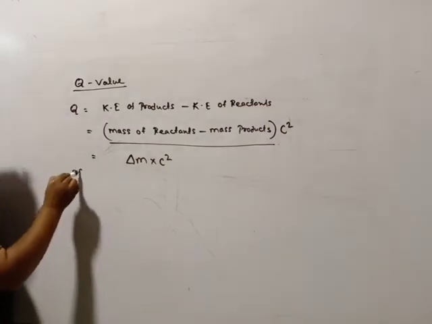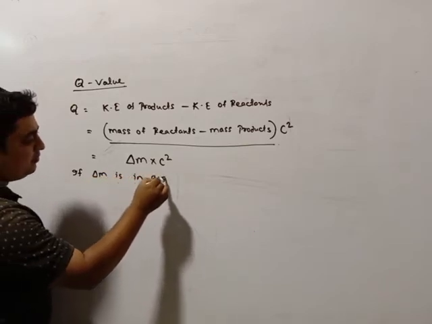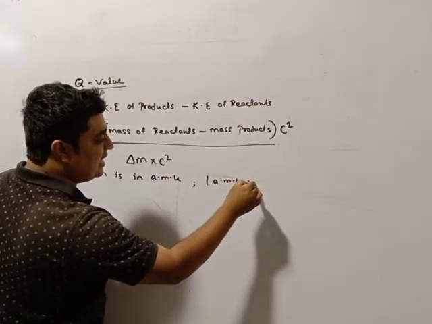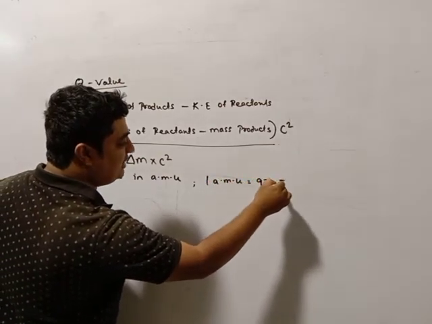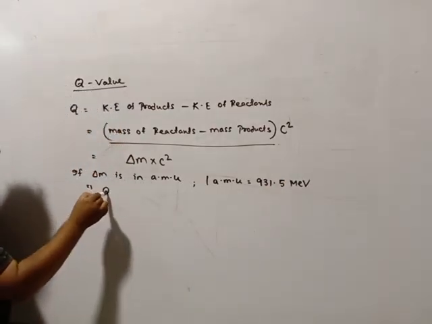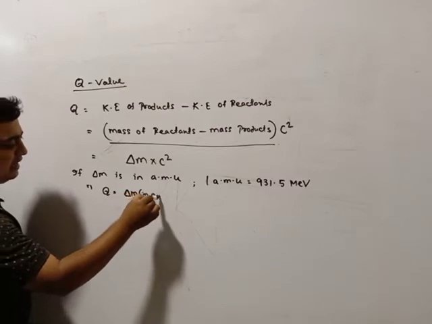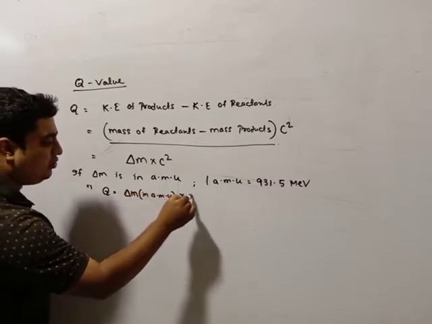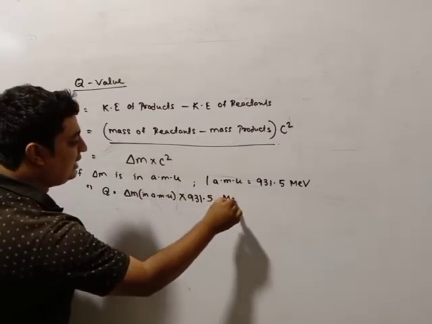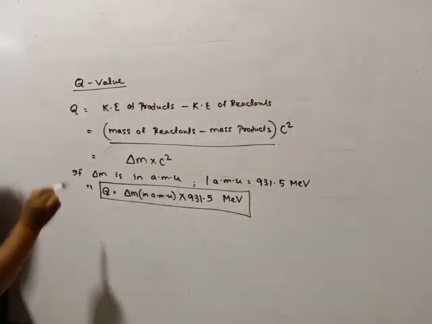Now, if delta M is in AMU, we know 1 AMU has an energy equivalent of 931.5 mega electron volts. In that case, Q becomes delta M in AMU into 931.5 mega electron volt. This will be the Q value.